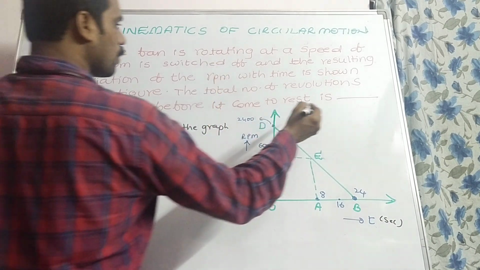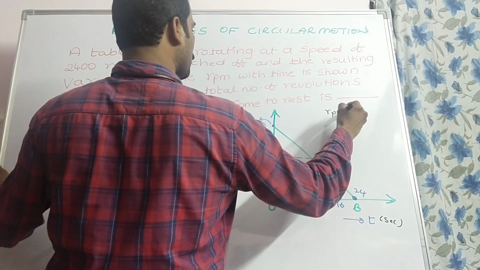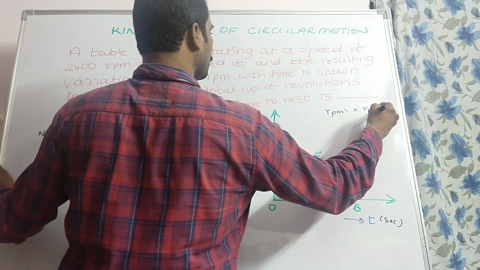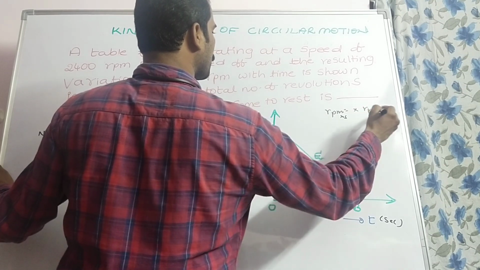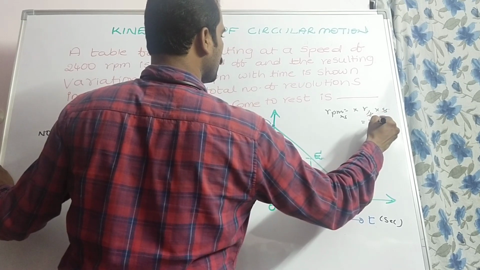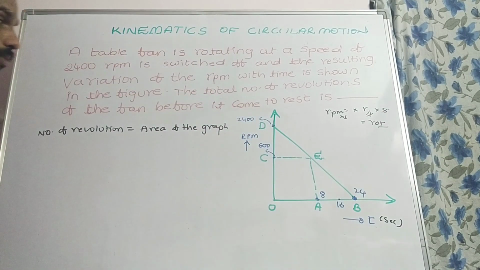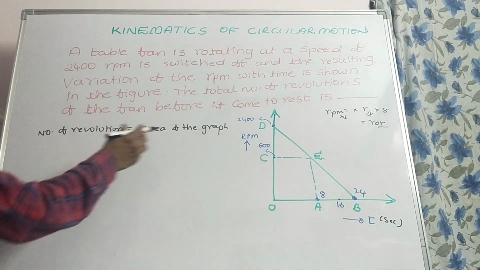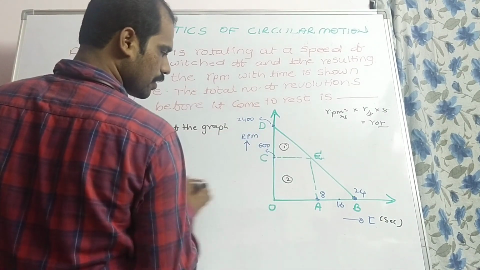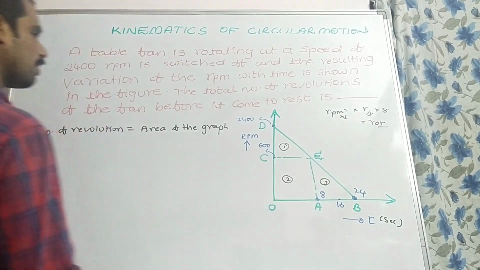Because rotation per minute, or rotation per second into second, means rotation per second times seconds, so the seconds get cancelled. We can find the number of rotations. Further, here we have three regions. Number one is a triangle, the other one is a rectangle, the third one is a triangle.